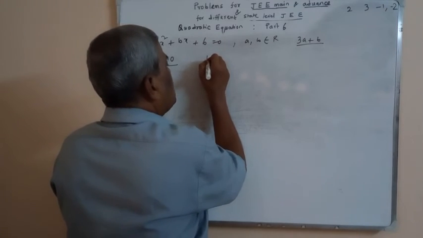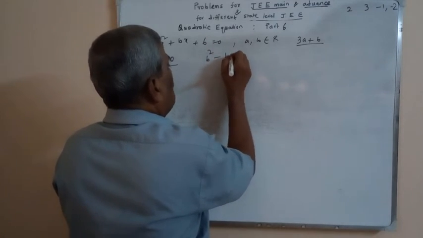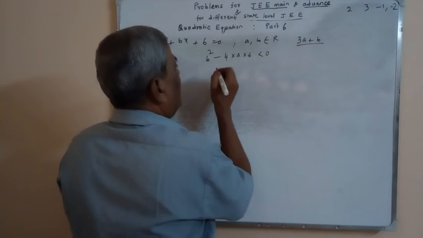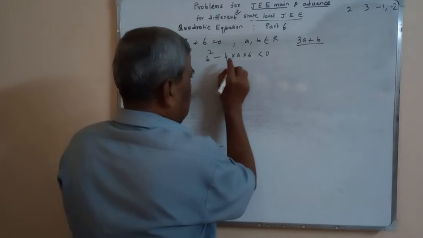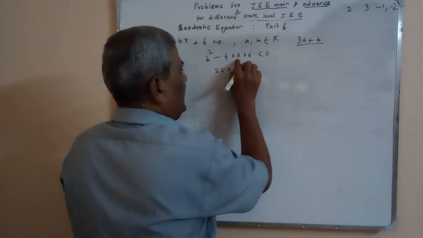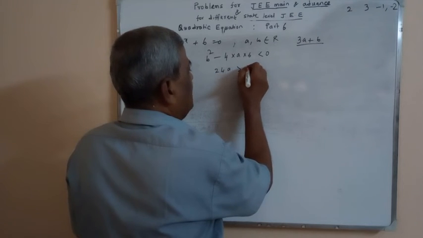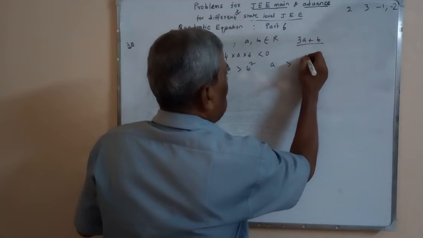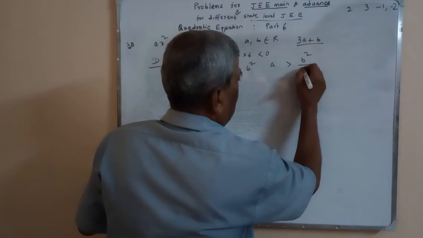That is, b square minus 4ac is negative, that is b square minus 24a is negative. Taking it to the other side, 24a is greater than b square, that is, a is greater than b square by 24.